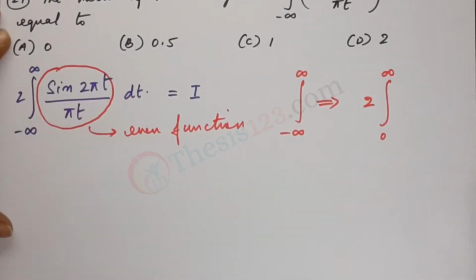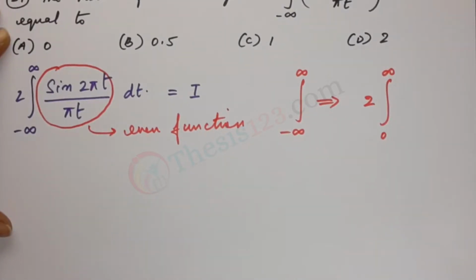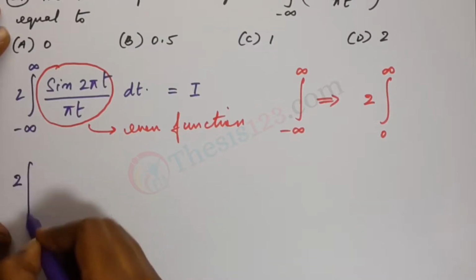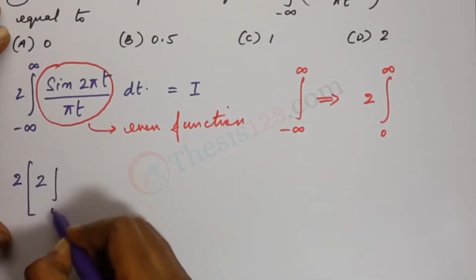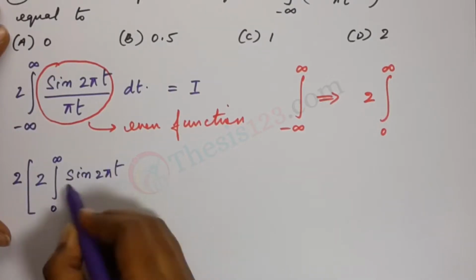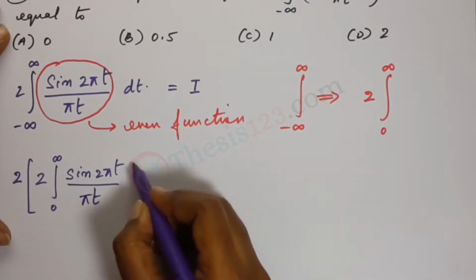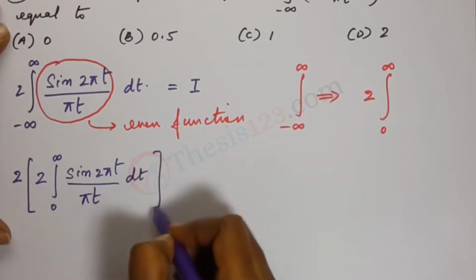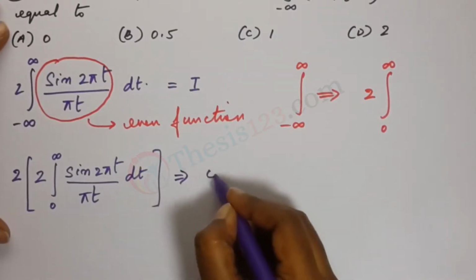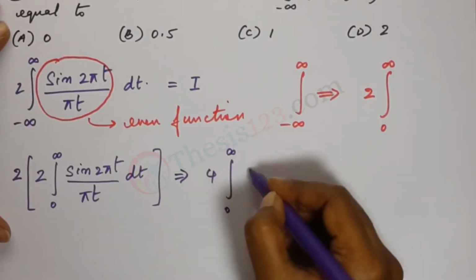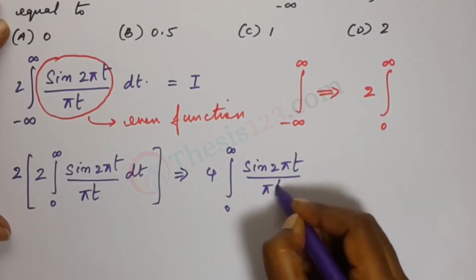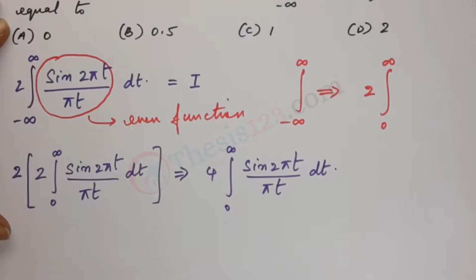So let's write this now using this explanation. We will have 2 into 2 times 0 to infinity sine 2 pi t by pi t dt. I hope this makes sense. Now this becomes 4 times 0 to infinity sine 2 pi t by pi t dt.